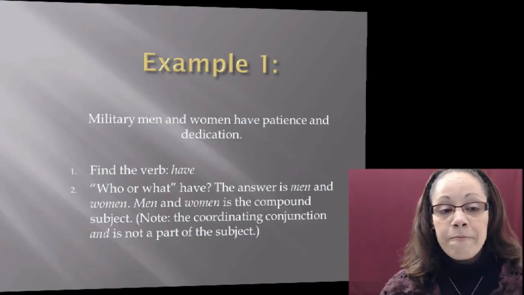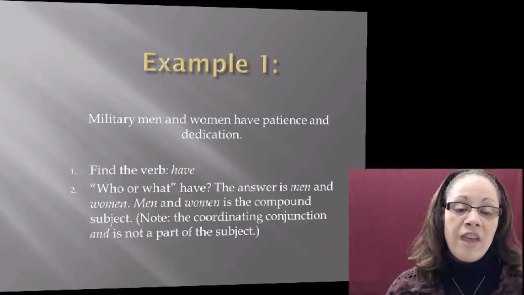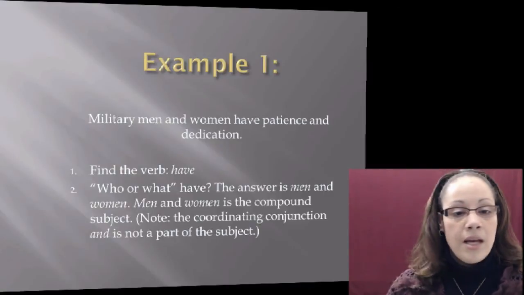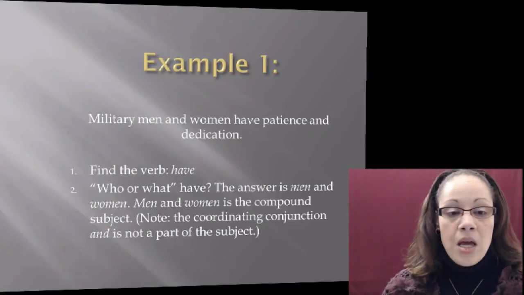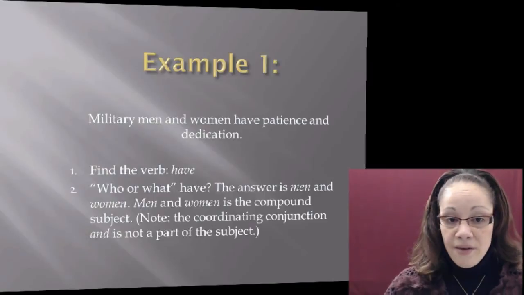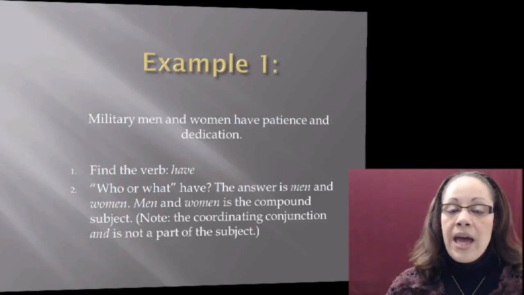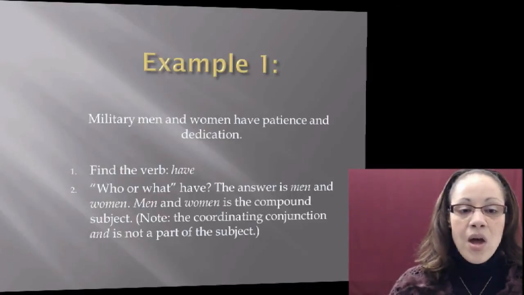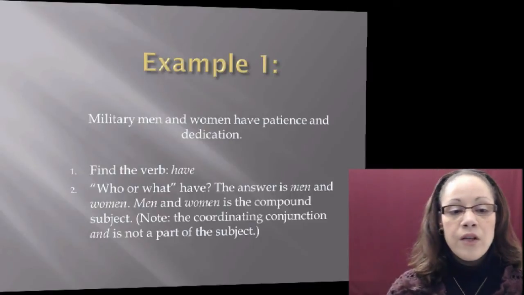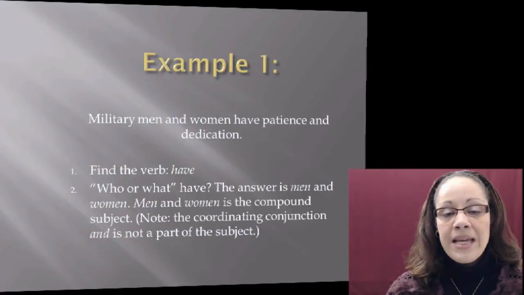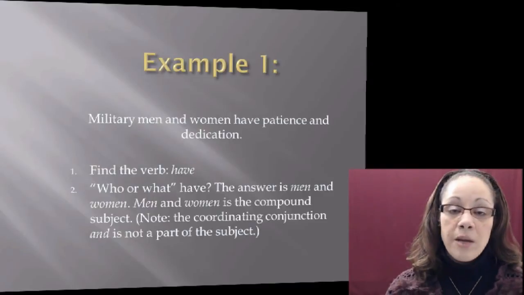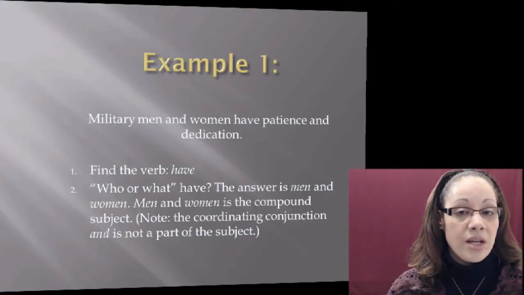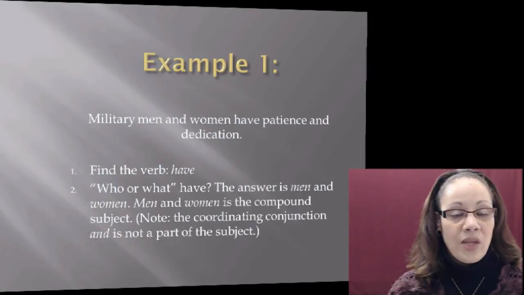Example number 1. Military men and women have patience and dedication. Let's find our verb. We know our verb is have. Ask the question, who or what have? Men, women have. Therefore, men, women is our compound subject. We have two subjects for one verb. So keep that in mind.